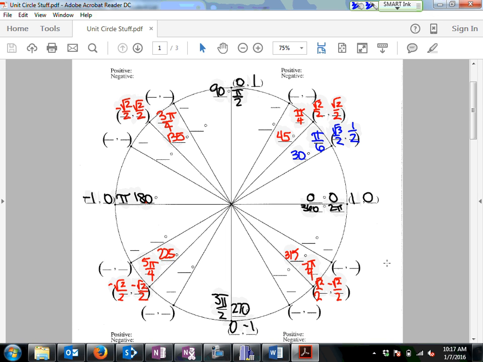Use your triangles with me so you can visualize it with yours. Okay, over here in the second quadrant, we are 30 degrees away from 180. That's 150 degrees, right? We are pi over 6 away from pi. So, Alex, what would that be?